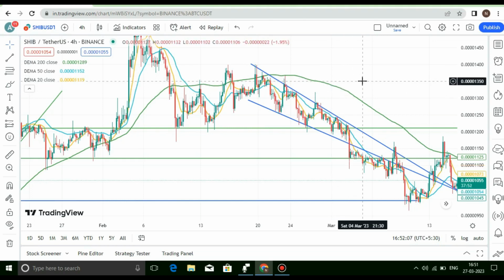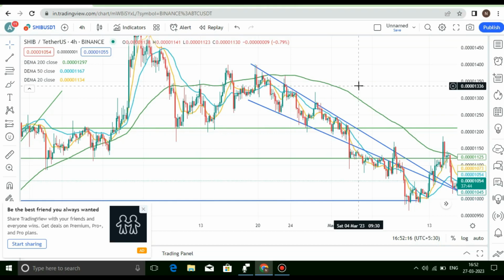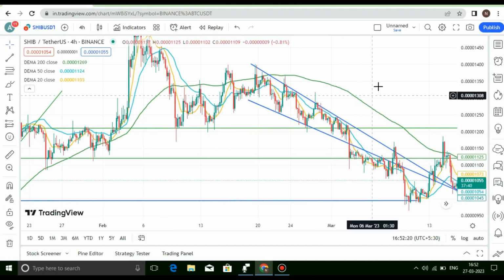If Bitcoin goes up by like 5%, Shiba Inu goes up by like 10%, 15%, 20%, something like that. So Shiba Inu is one of my favorite meme tokens, and in cryptocurrency, apart from Bitcoin, Shiba Inu is my favorite one.